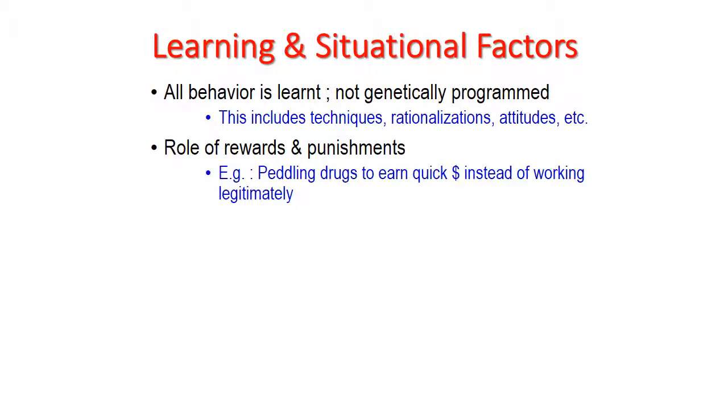In terms of modeling or conditioning specifically, learning theories propose that all behavior is learned, that is, nothing is genetically programmed, which really opposes the biological theorists who propose that much of deviant behavior or the propensity to commit crime is genetic in nature. Learning theories propose that deviant behavior is learned through the roles of rewards and punishments.